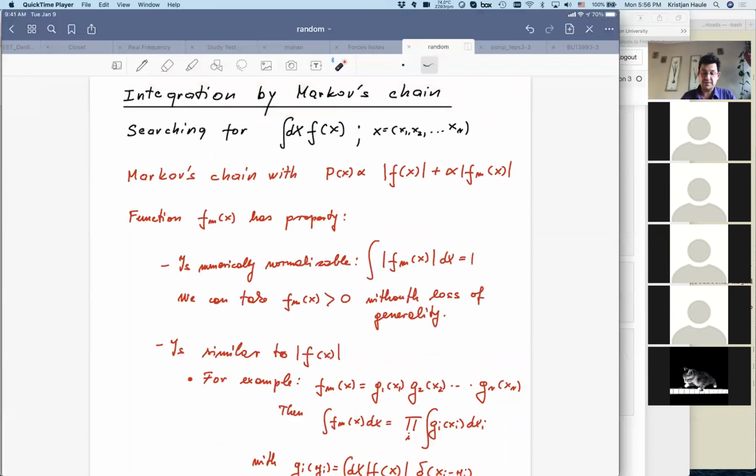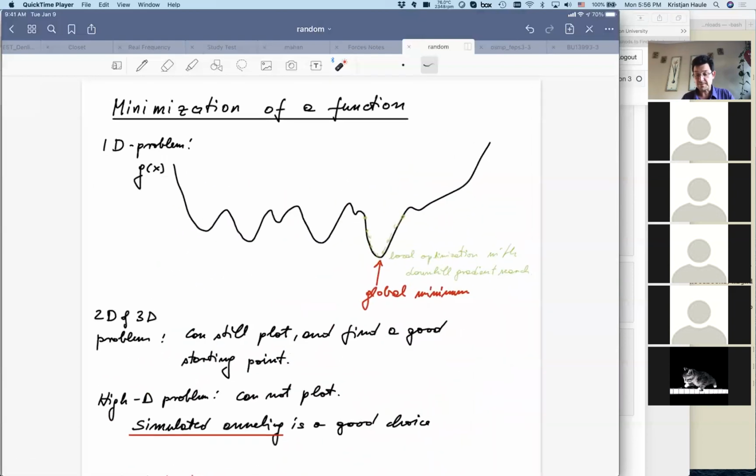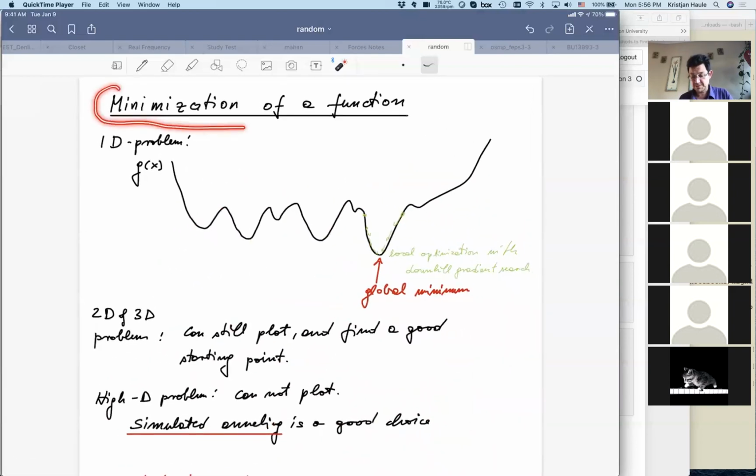So this integration of high-dimensional functions we already did with Vegas, but this is different in the sense that it's simulation by Markov chain, which is also possible. But I will probably first concentrate on minimization because this seems to be much more standard thing that you can see in typical numerical books.